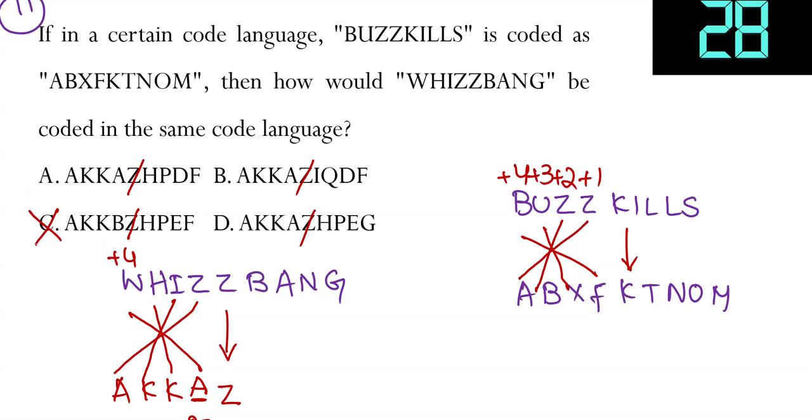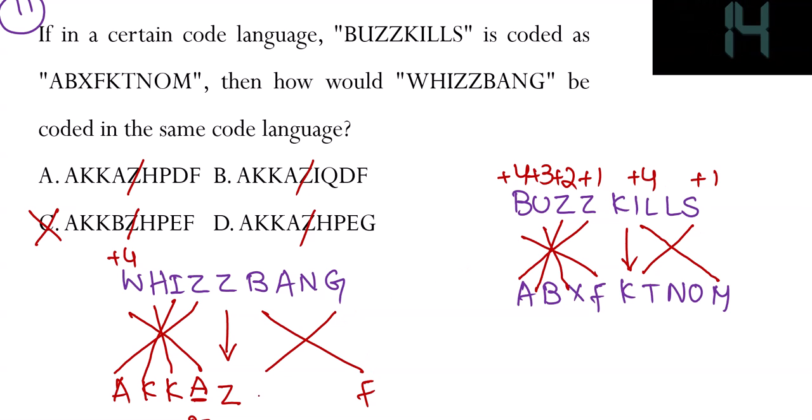AKK, A only. Fine. Next, similarly, second group plus 1, here plus 4. So plus 4 means F required. Plus 1 means H required. H and F, AKKA, H and F available only in option A.